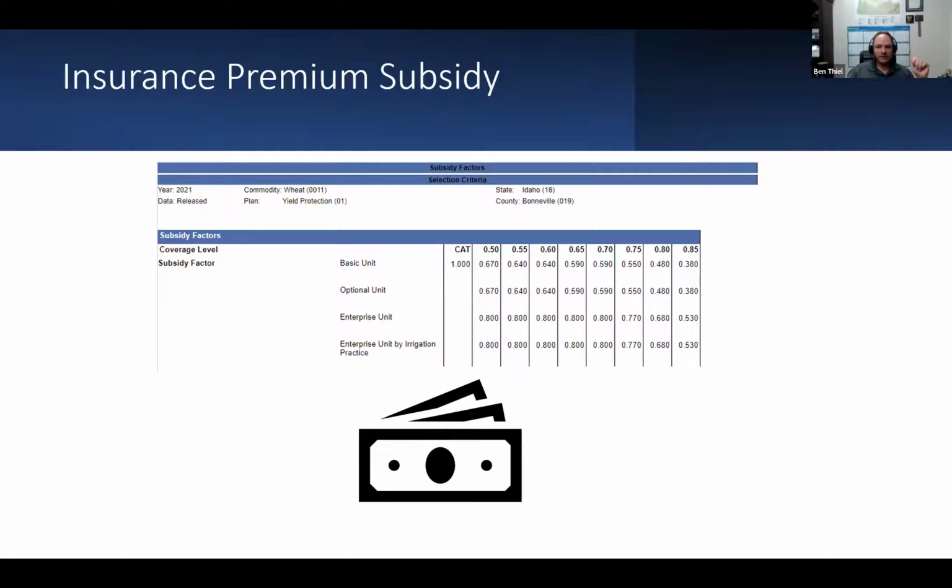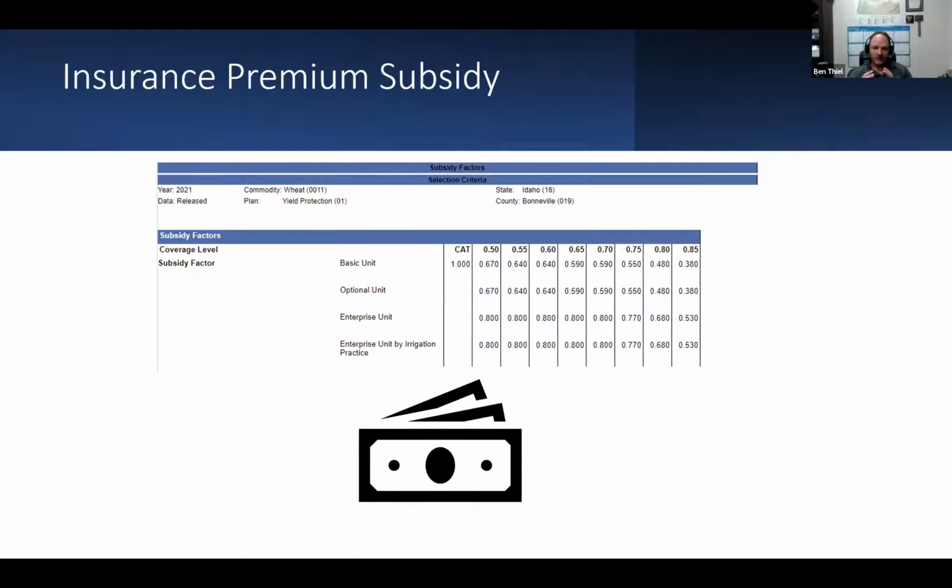To further increase savings on the crop insurance, for certain crops like wheat, for example, there's the ability to group the crop together in the county under an enterprise unit. Units are how losses are determined, a grouping of how things are combined when a loss occurs, and if they combine or stand apart.